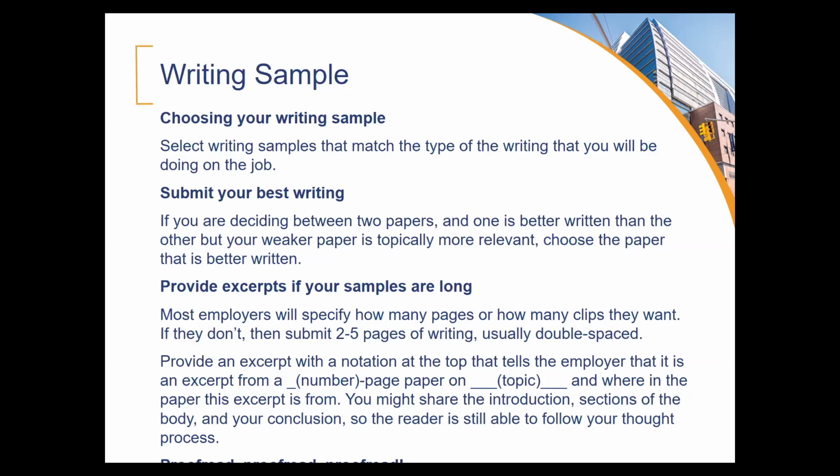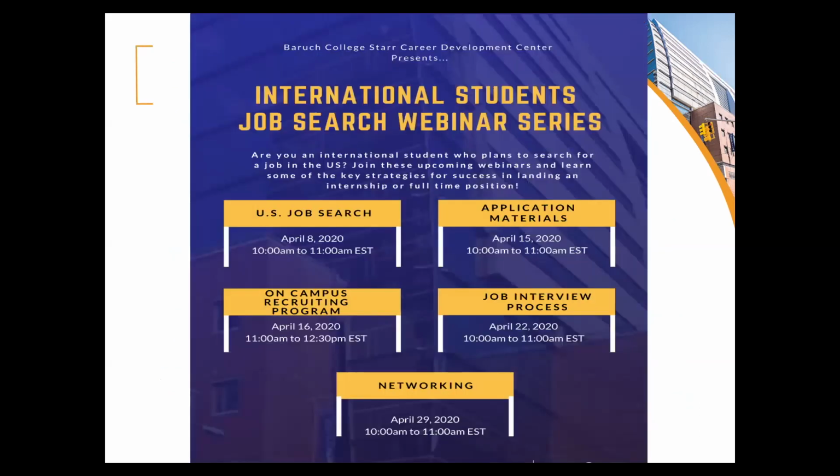If your professor has comments on your document, remove them and clean them up before you submit the document to employers. Proofread it multiple times to make sure there are no typos or errors. Again, this is a writing sample to gauge your past experiences in writing, so make sure that's the best work you have done and a well-organized, precise document that you are submitting to them. With that said, I think that's the last part of it.